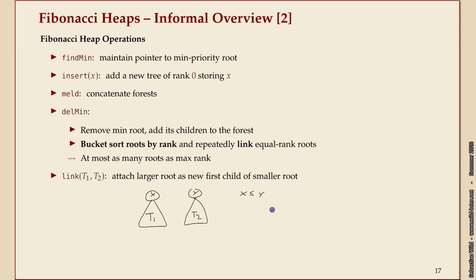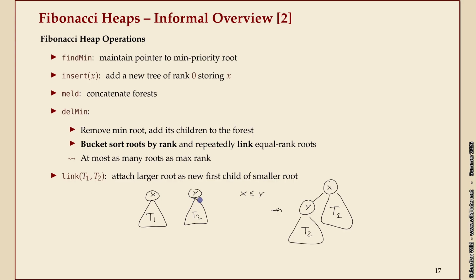Then I'm going to turn this into a single tree, where now Y and its entire subtree joins as a new tree here. And it's important that this becomes the leftmost child of X. And the reason is that we don't want to mess up the rank.